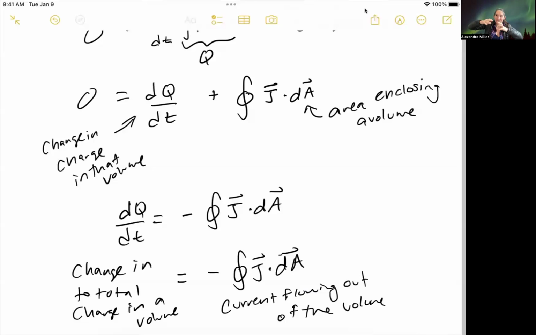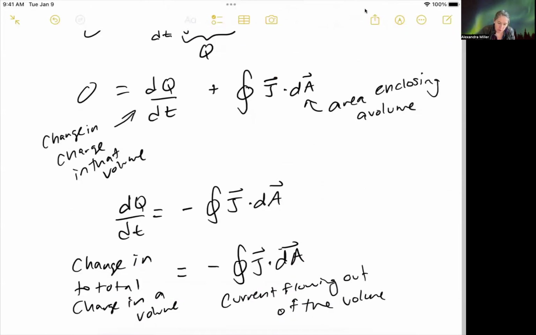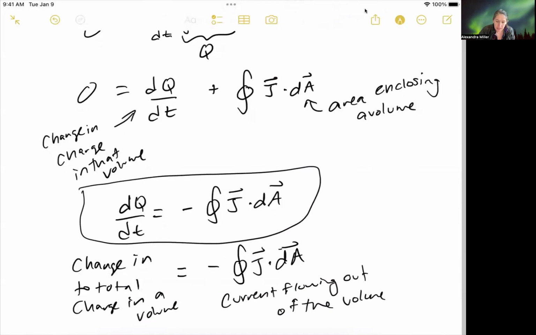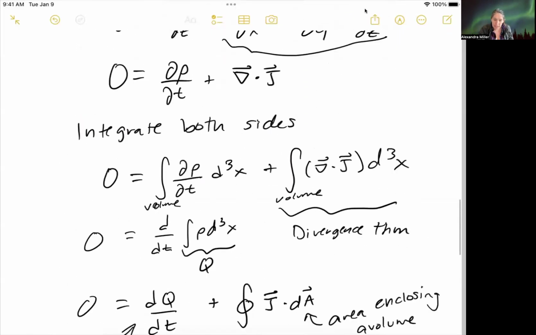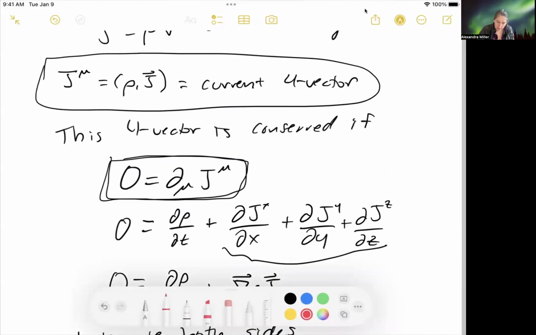The change in the charge inside the region is related to how much charge is flowing out. And again, this thing, which maybe is easier to understand from previous physics classes, what I've just shown is that's equivalent to this thing that I'll now even put in a red box because it's so important.